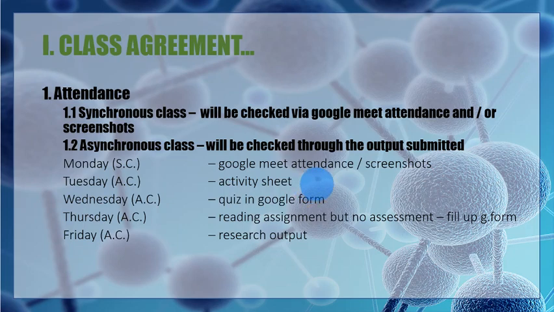I will only close the submission 24 hours after posting. Let's say for Wednesday, I posted a quiz in Google Form. You're given another 24 hours, and as long as you submit within 24 hours, your attendance will be recorded for that day.